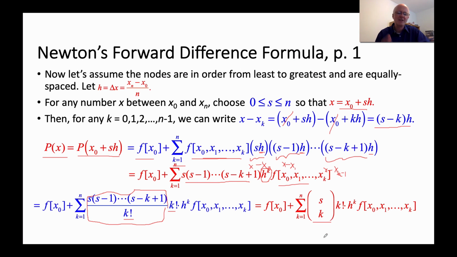And so that could be a nice way to program Newton's forward difference formula if you've got binomial coefficients available to you in your program, in your spreadsheet, in Mathematica, in whatever you're using. We have an extra k factorial here. It's not so easy perhaps to program this kind of thing. Okay, this might be a little bit easier. That's the point. And it looks a little bit more compact too.